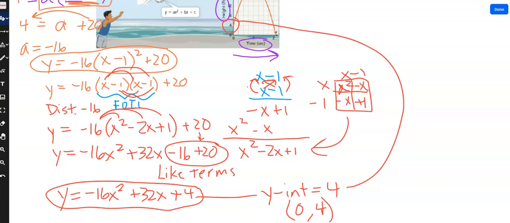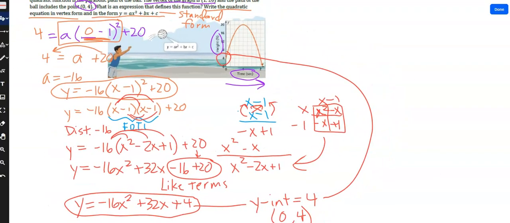Now, what can you see from the vertex form? Well, if somebody asked me what's the max height of this ball, my answer is going to be 20 feet. If the next person asks me, well, how long did it take to get there?